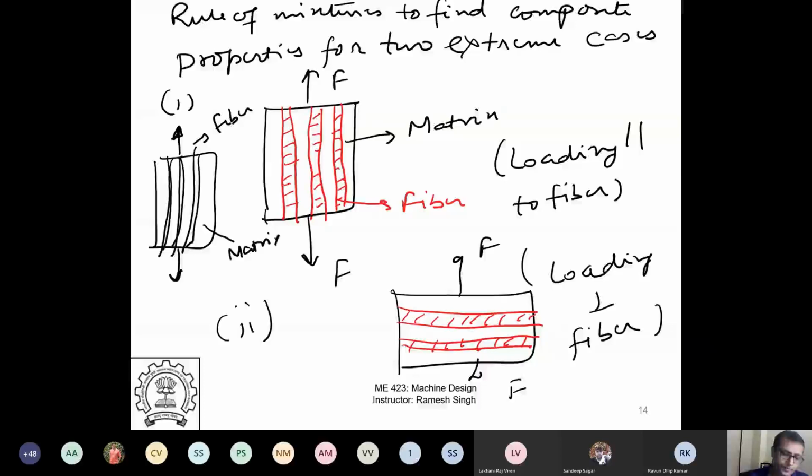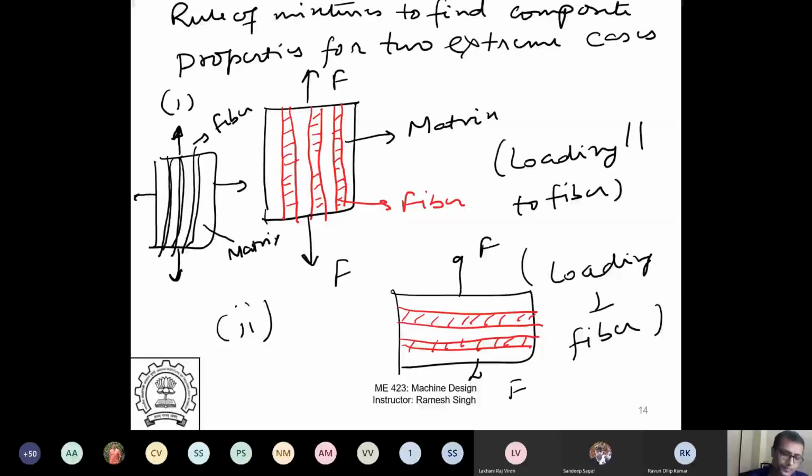It will be strongest and stiffest in the direction if I load in the direction of the fiber. So that will be one condition. The other condition, it will be weakest if I load it like this. So if I load it parallel to the fiber, that is the best case condition. If I load it perpendicular to the fiber, this is the worst case condition, right? So we will evaluate for both these conditions.